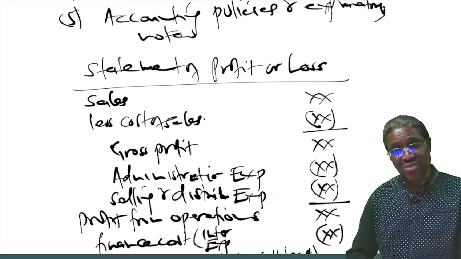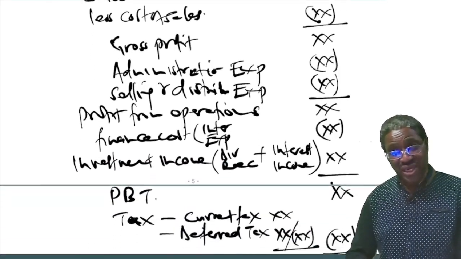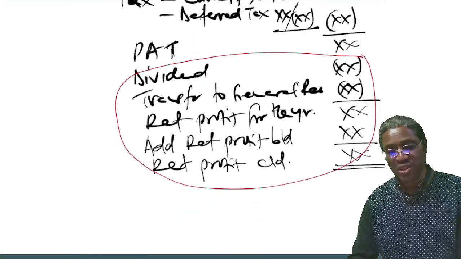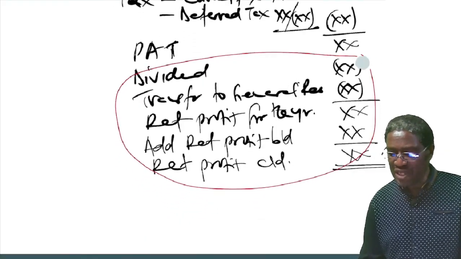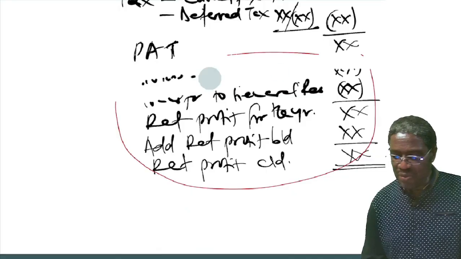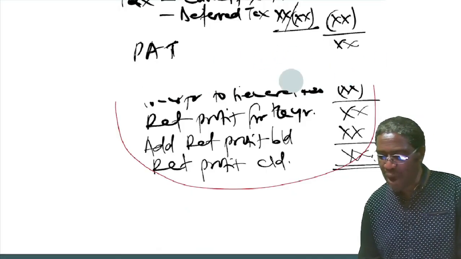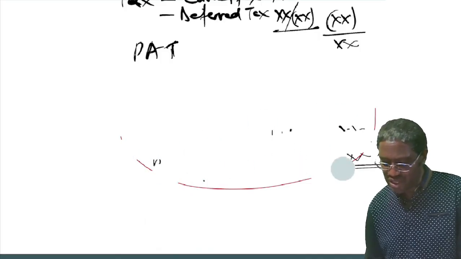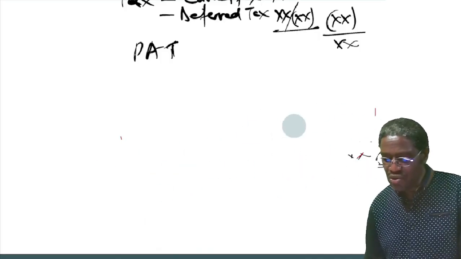So in other words, I'm saying, once you got your profit after tax, when you are preparing income statement for publication purposes, once you get the profit after tax, then it means you are through.